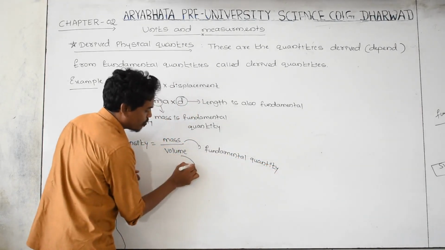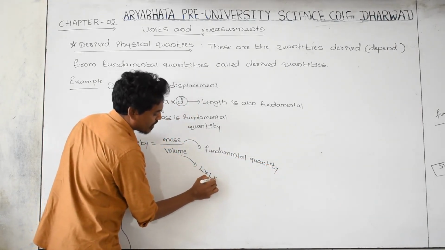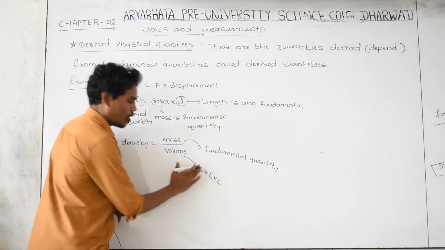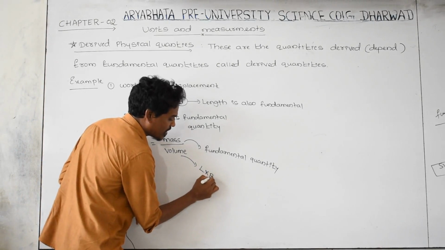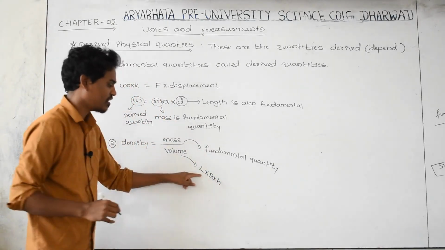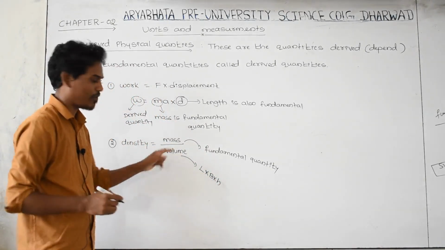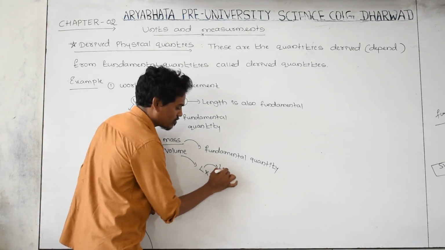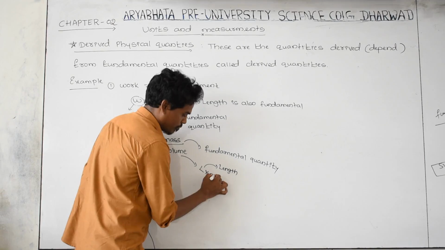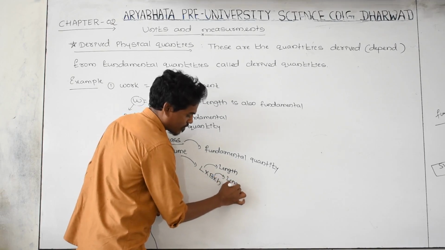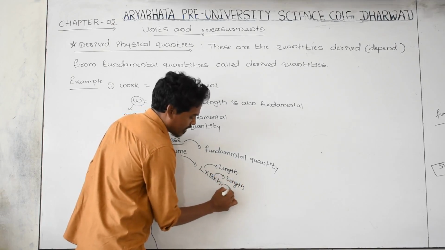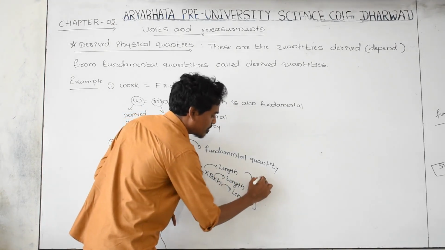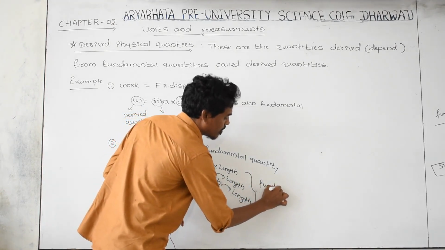And volume is length into length, or length into breadth into height. That is called volume. L is a length, breadth is also length, and height is also length. Length is a fundamental quantity.